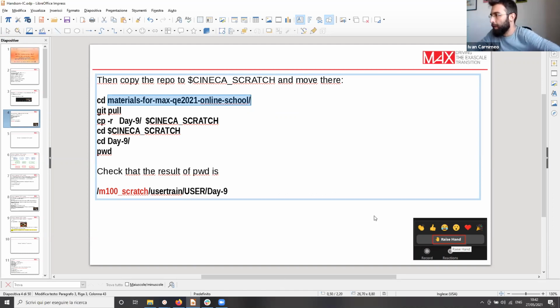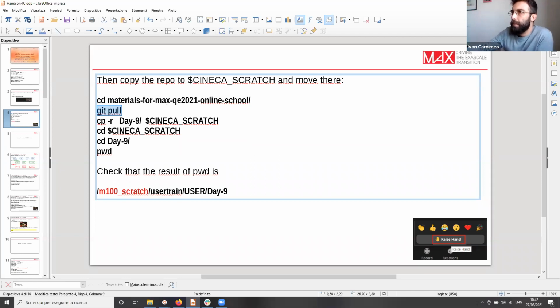Now everyone, you can lower your hand because we can proceed. Once you are in your home directory of the Marconi 100 cluster, go inside this directory and type git pull. In this way, you will update the repository in which the files for the exercise are kept, and download the last version of the repository. So do this git pull.